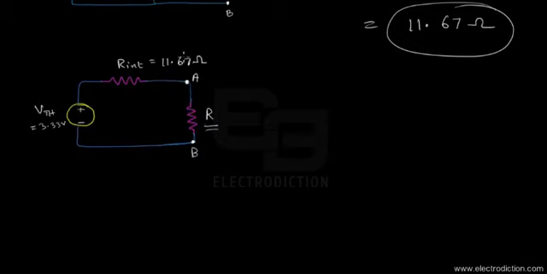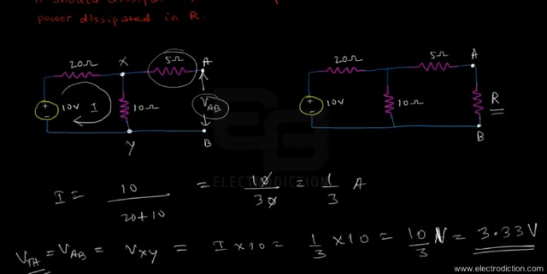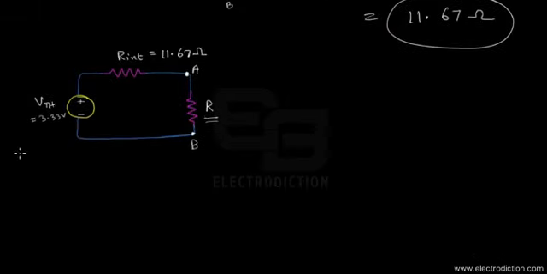So that's our simplified network of the original circuit. We just reduced the left part and turned the circuit into something like this. Now this makes it easier for us to calculate the value of this particular resistor R over here, and its power dissipation as well.